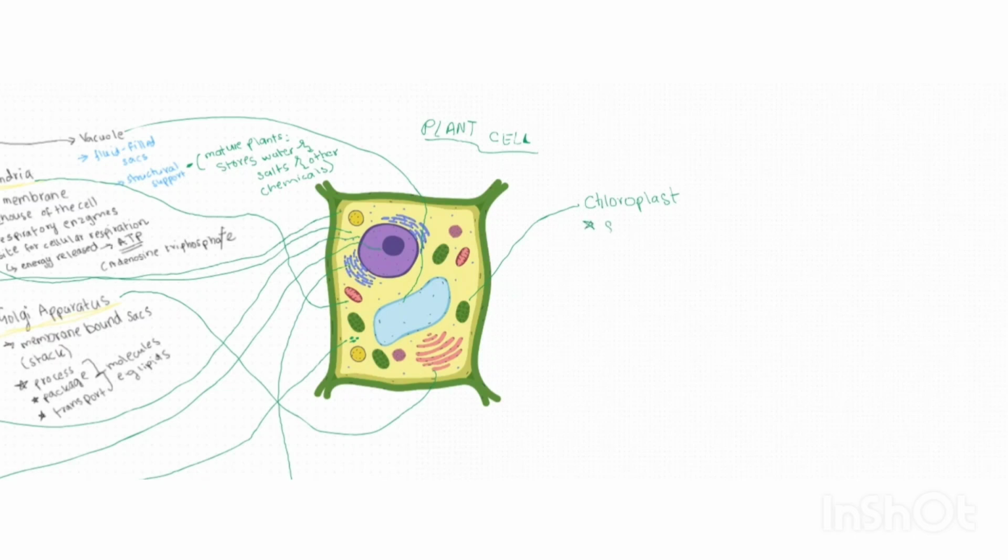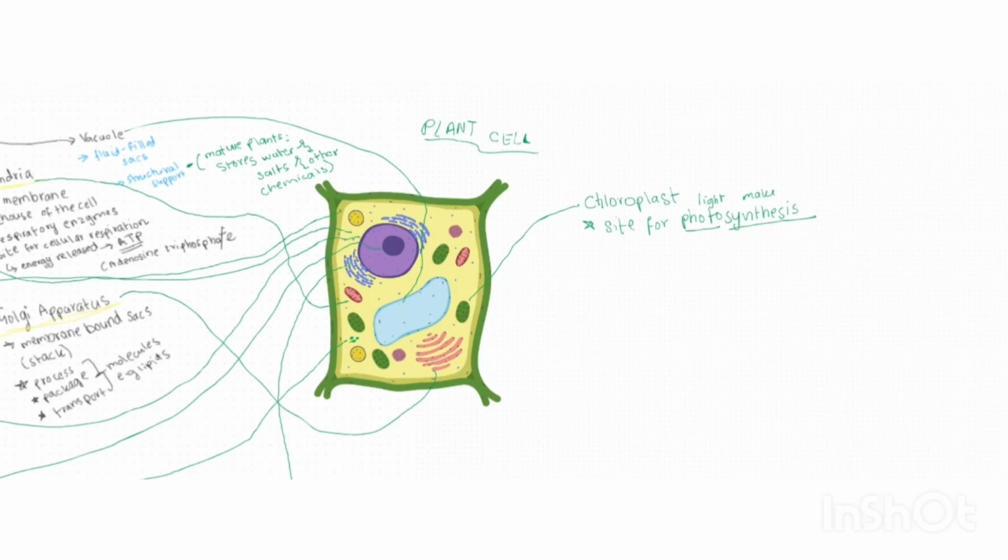This is what gives plants their green color. The chloroplast is the site for photosynthesis. And you keep hearing the word synthesis in biology a lot because synthesis means to make something. So photo is light and synthesis is to make.